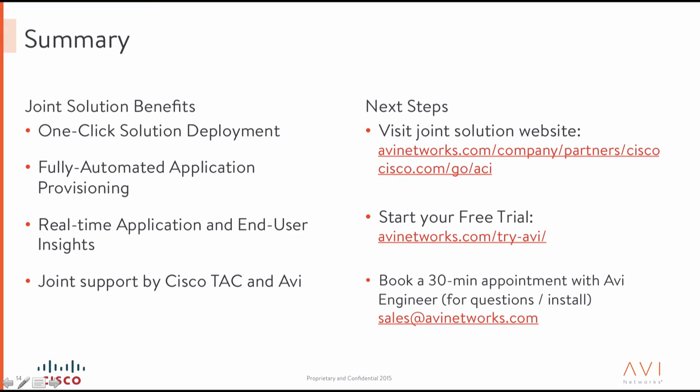Ranga, let's summarize this demo. I think what we saw was that with the similar SDN architecture between Cisco and Avi, we have solved the application deployment challenges, which is how fast you can deploy the application, how fast you can deploy the solution, how you can provision the network services and provide full visibility. That's correct, Ashish.